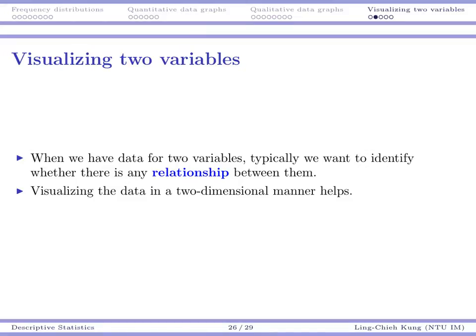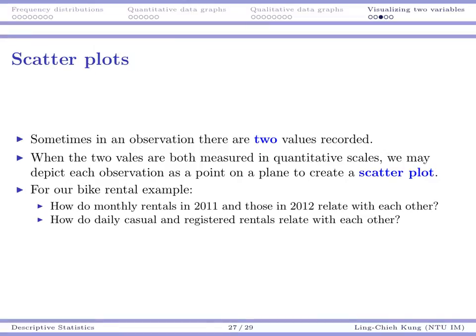And how to do that? Typically, we use a scatter plot. When you have two values for one observation, one thing you should do is to plot the two values at the two dimensions of a scatter plot.